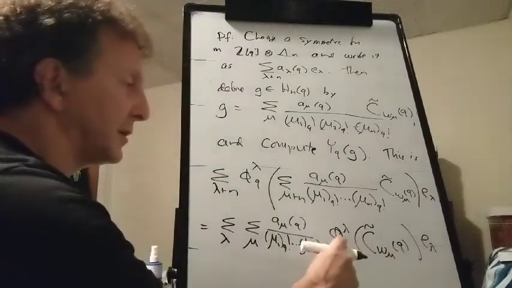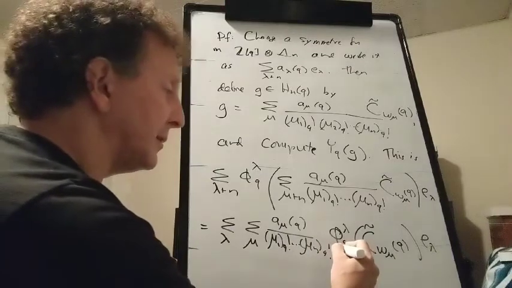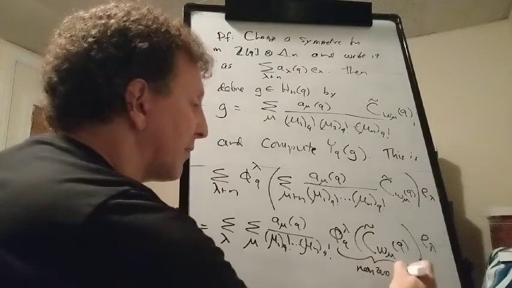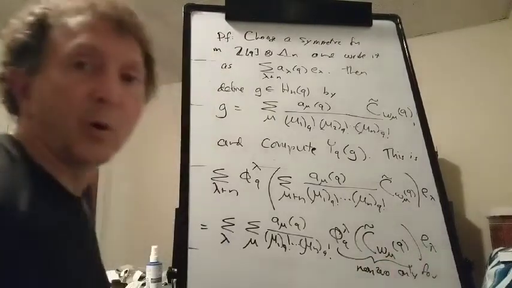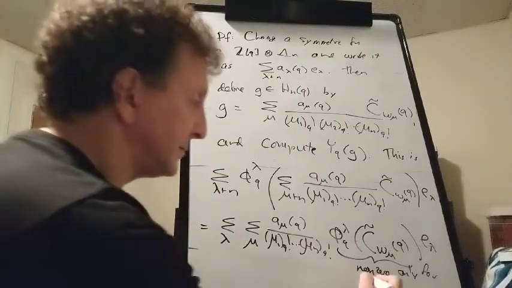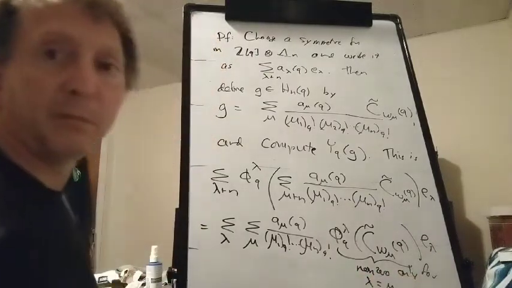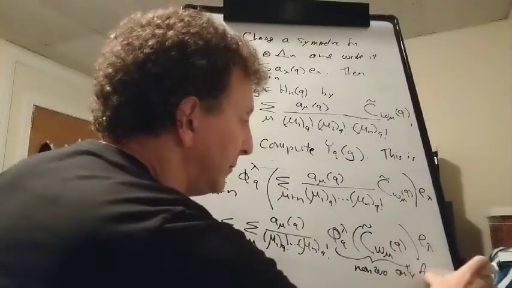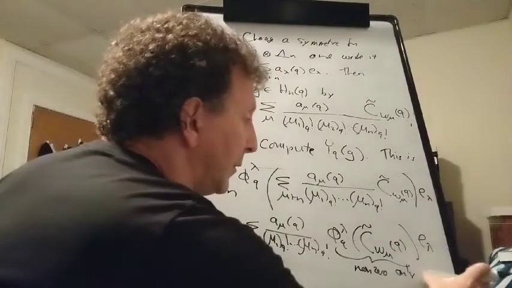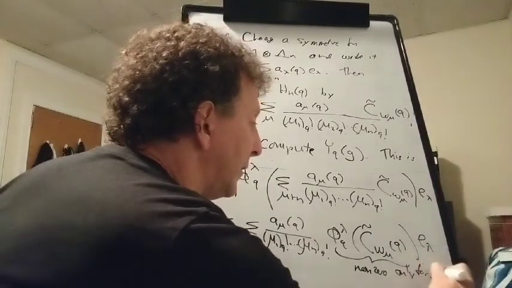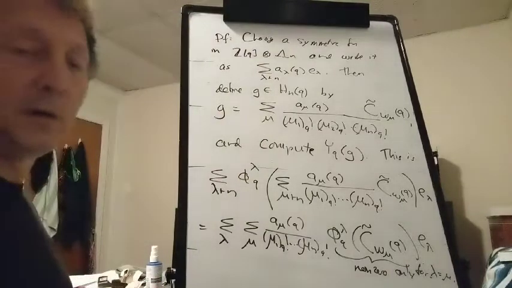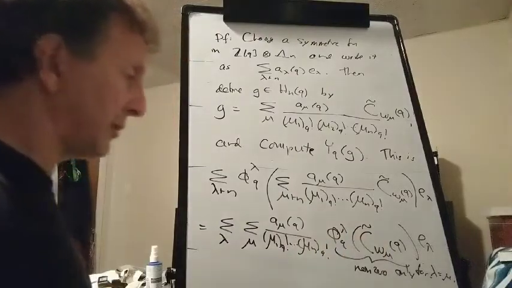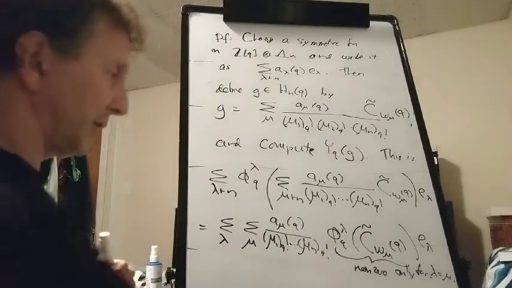But this evaluation by Heyman and Stembridge's result is non-zero only when lambda and mu are equal. And in that case, this is equal to a product of q factorials of parts of mu.